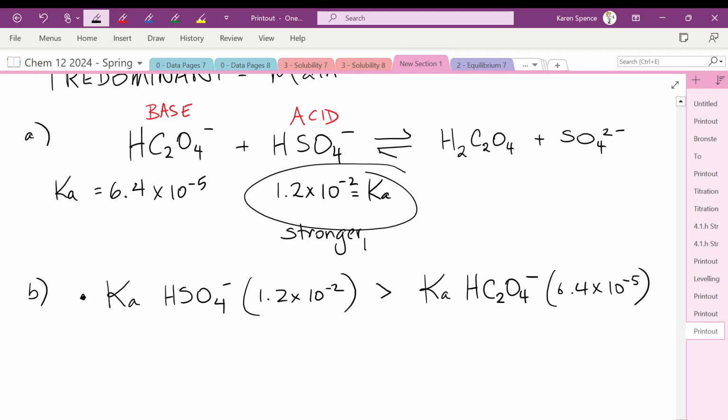So you've reiterated that. We don't need to say again that the Ka of this one is stronger than that one. We can just say, therefore... if you want to, I'm going to put an extra one in there. This is optional.